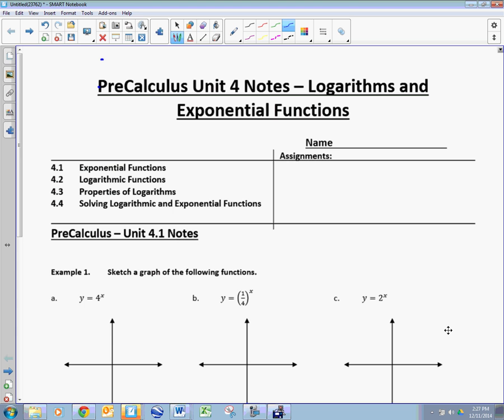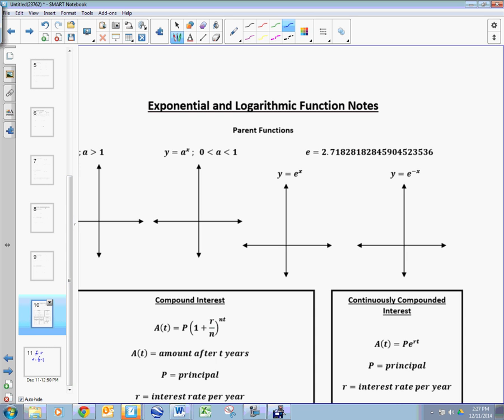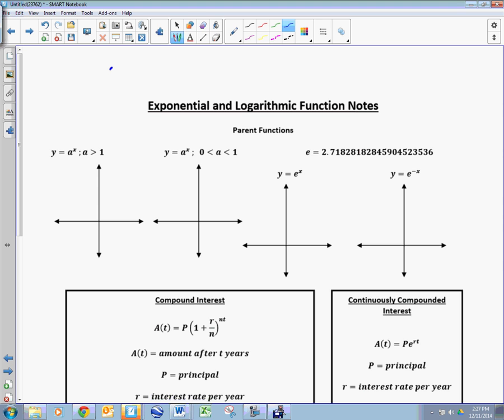Make sure that you have your calculator out and turn to the very back page of your notes. We're going to leave the world of polynomials, and we're going to get to the world of exponentials and logarithms.